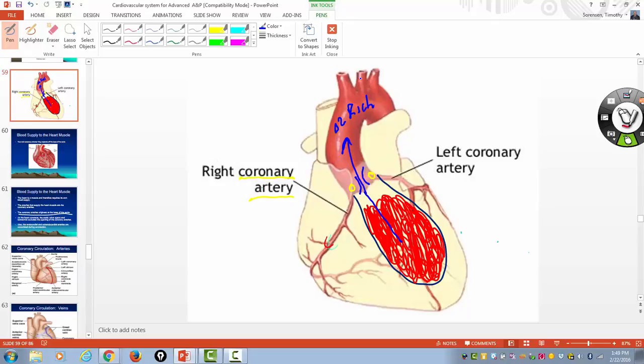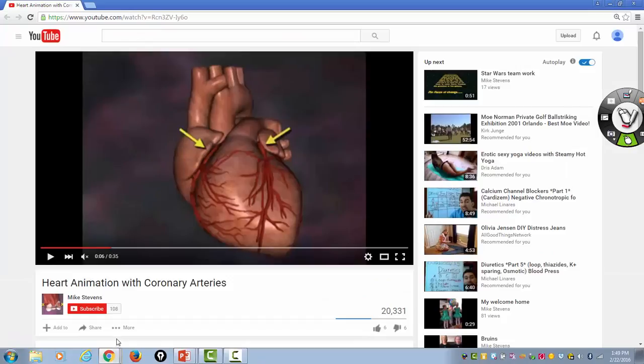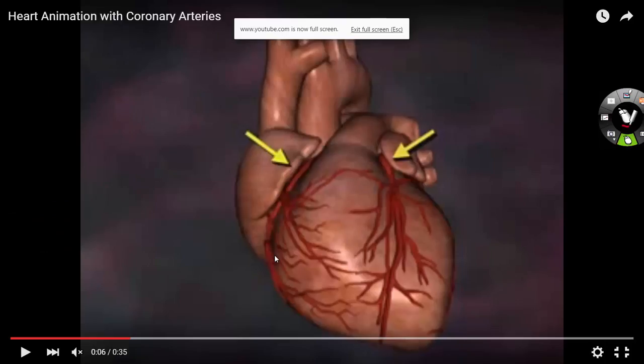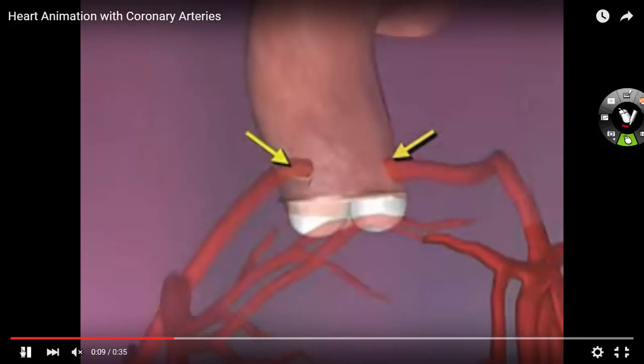So, if you look, the openings to the coronary arteries originate at the base of the aorta. If I show you this little video here, hopefully it'll make more sense. You've got the two main coronary arteries that supply oxygenated blood to the heart muscle.